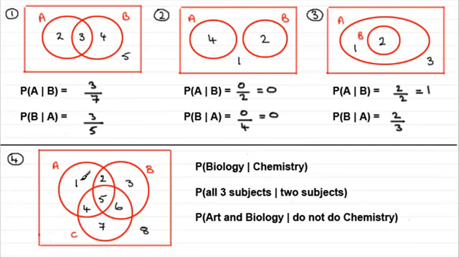Just to remind you, one person here does art only. This 2 here is 2 people do art and biology, but not chemistry. The 5 do all 3. This 3 here, 3 people do biology only, and so on. 8 people don't do anything.